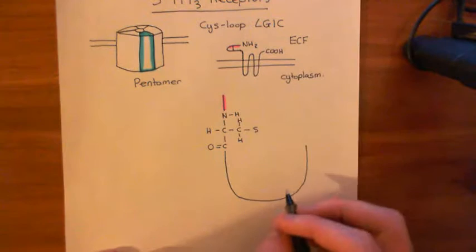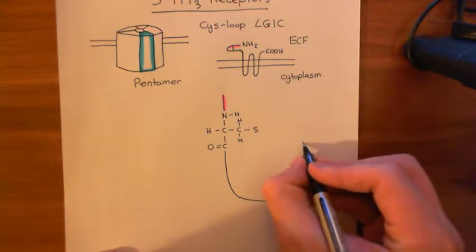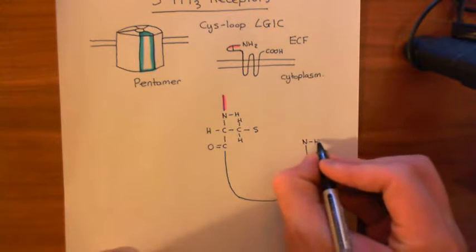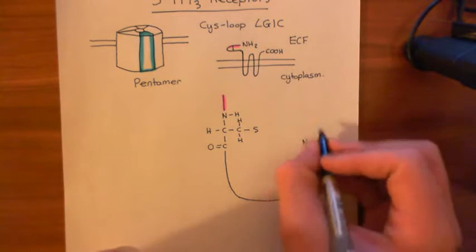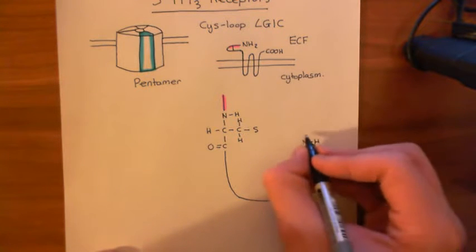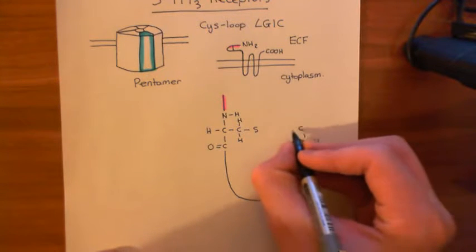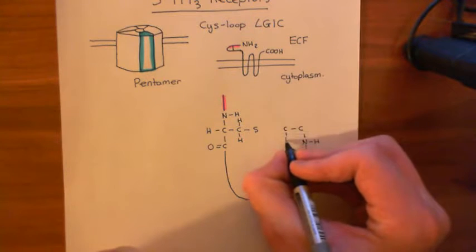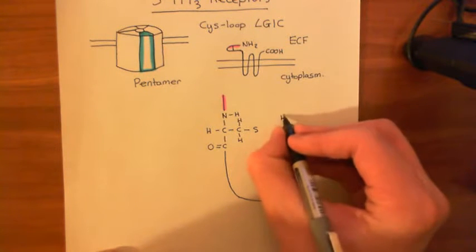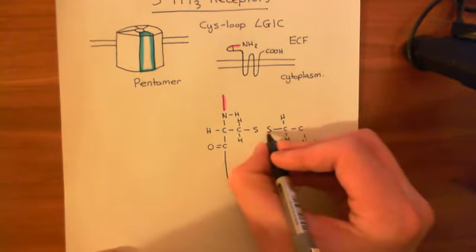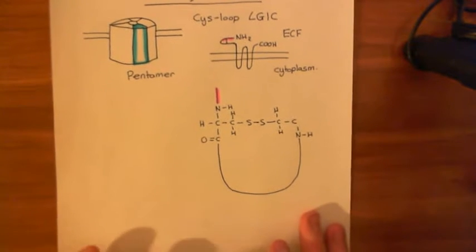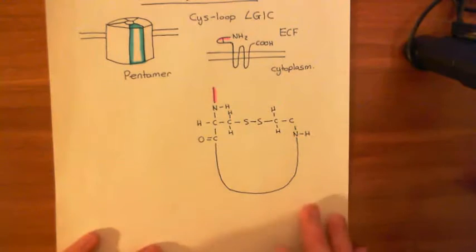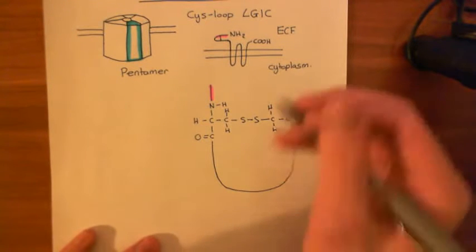Then you'll have the amino group of this cysteine again, so you'll have another cysteine amino acid in this opposing portion of the polypeptide. Here's its amino group, here's its alpha carbon, the methylene group, and then it will have a thiol group as well. But this thiol group will now be bound to that other sulfur atom on the cysteine residue on the opposing polypeptide strand.